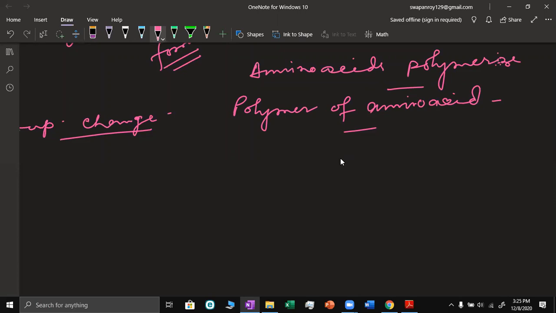Do you know what it is called? It is called polypeptide, not polyamino acid. Poly means many. That polymer of amino acid is polypeptide, and polypeptide forms the protein.